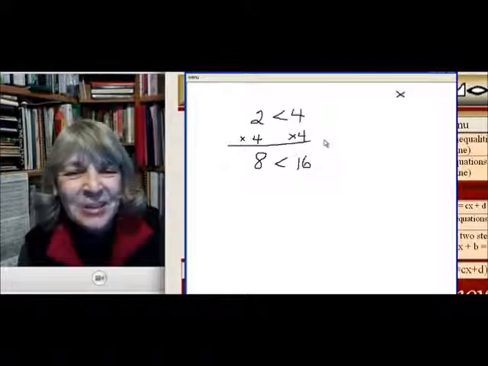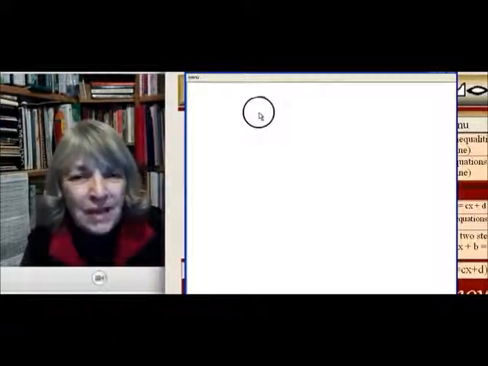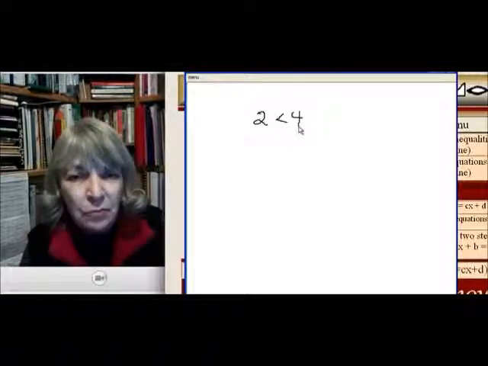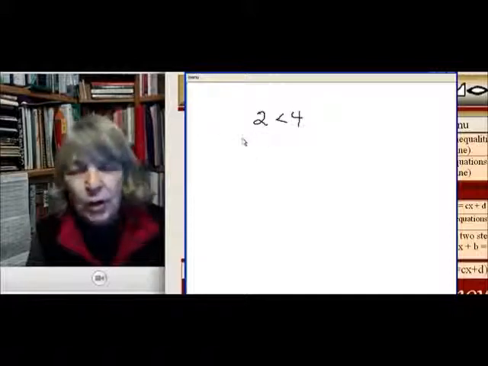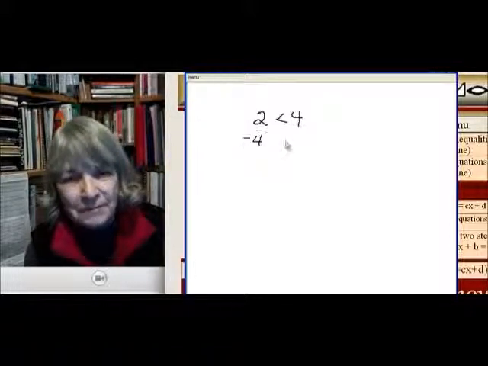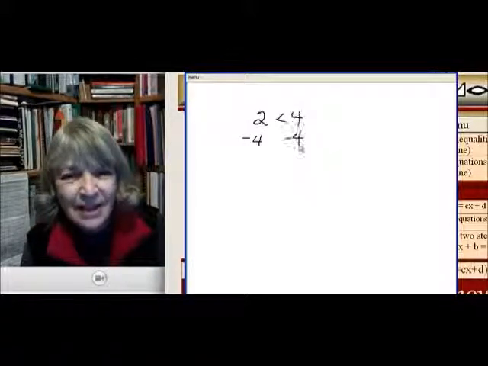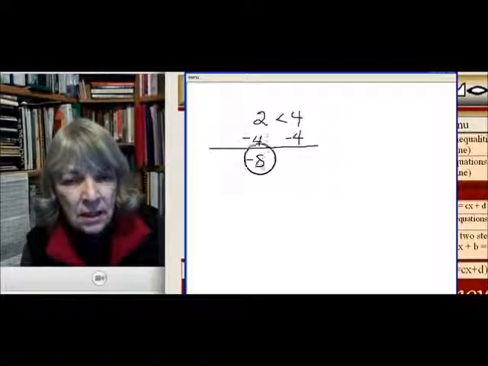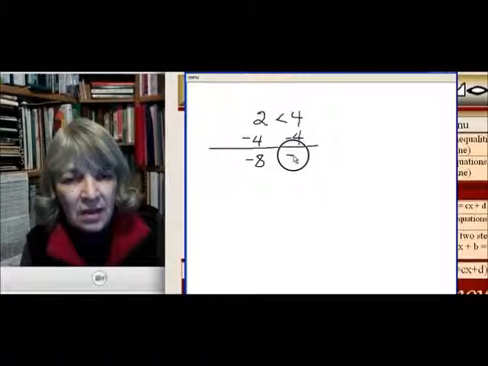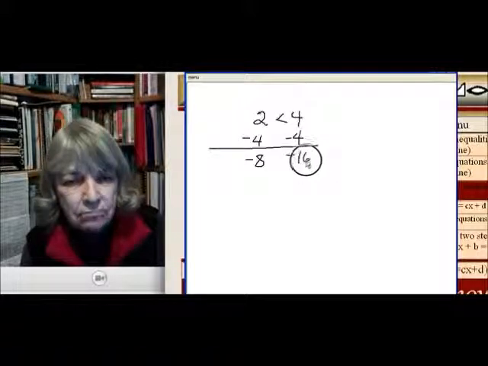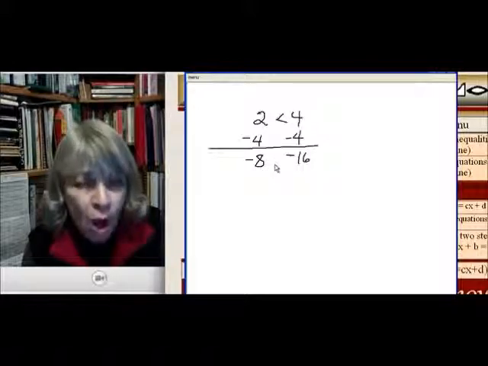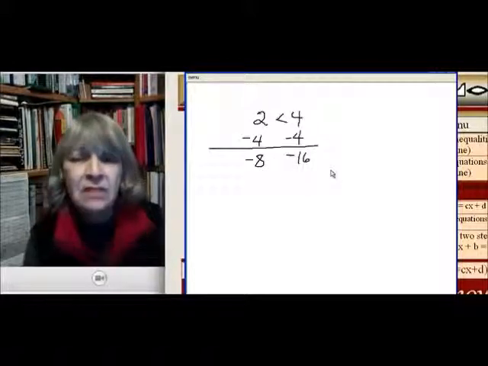Okay, so I'm going to clear this. We're going to take 2 is less than 4. And this time, instead of multiplying by positive 4, let's multiply by negative 4. Adventuresome. We get negative 8 and negative 16. Is negative 8 smaller than negative 16?